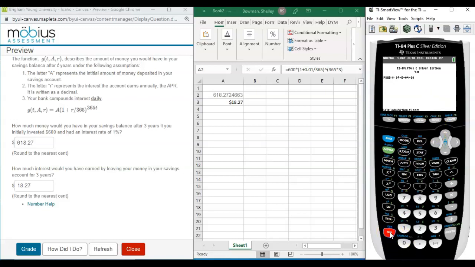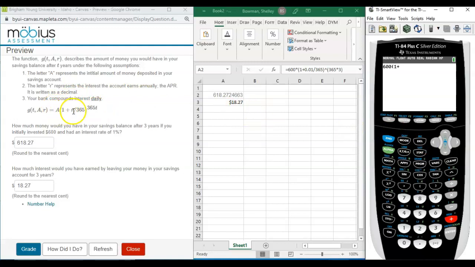So we're going to come into this, clear out everything, and we want A, which we know is 600, so we'll type in 600, and then we need to do a parenthesis. Now, our calculator knows to multiply between those, so you don't need to put it in. If you are not comfortable with that and would like to continue what we did in Excel and put the multiplication, that's up to you. It's fine. And then 1 plus our R, and I'm just using this formula right here.